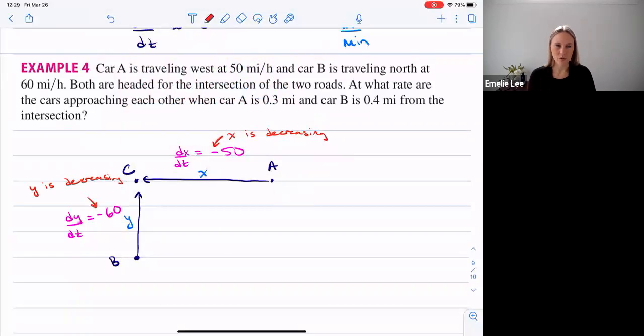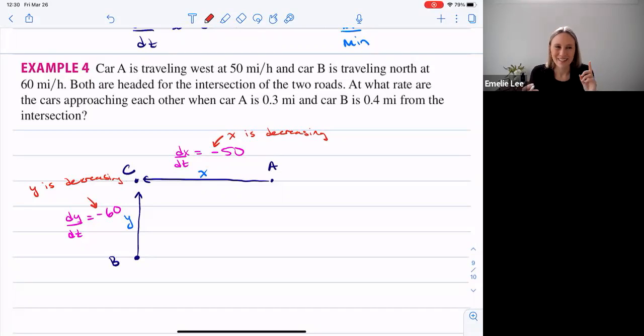Okay, so car A is traveling west, car B is traveling north, and we've got both of their rates jotted down on our sketch. Both are headed for the intersection of the two roads. At what rate are the cars approaching each other when car A is 0.3 miles and car B is 0.4 miles from the intersection?